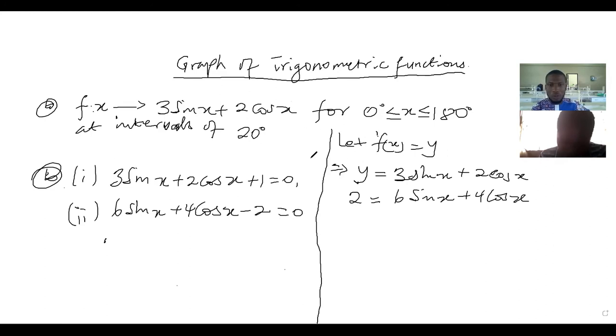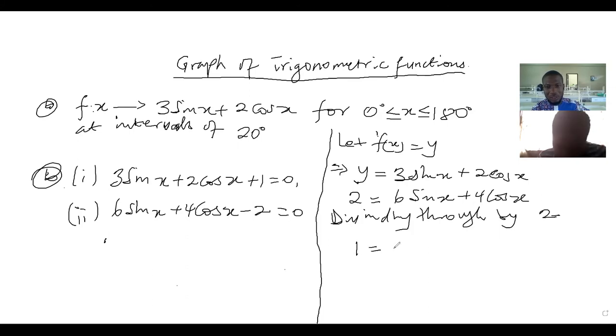So when you divide 2 by 2, you are going to have 1 equals 3 sine x plus 2 cos x, which is the same as our y.